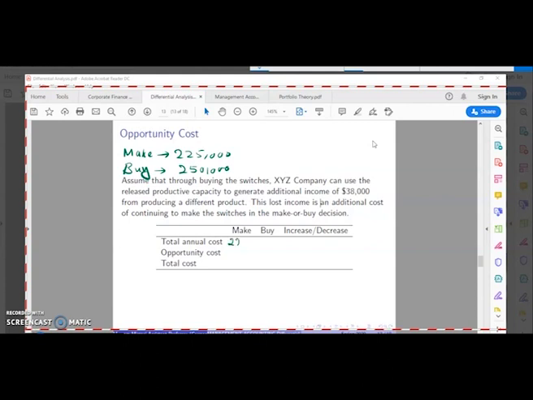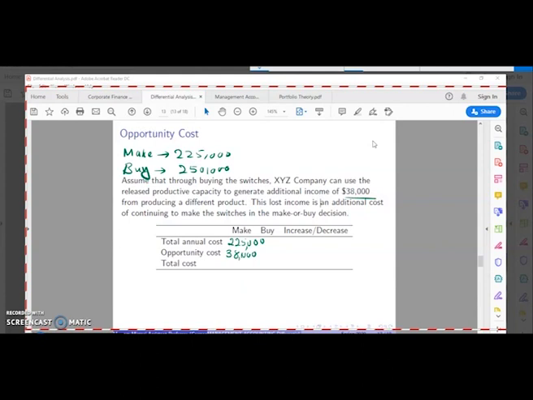I have the total of 225,000 for making the product plus this 38,000 additional income that I will lose in case of making the product. So it's a type of cost which will happen in case of rejecting another alternative or option.